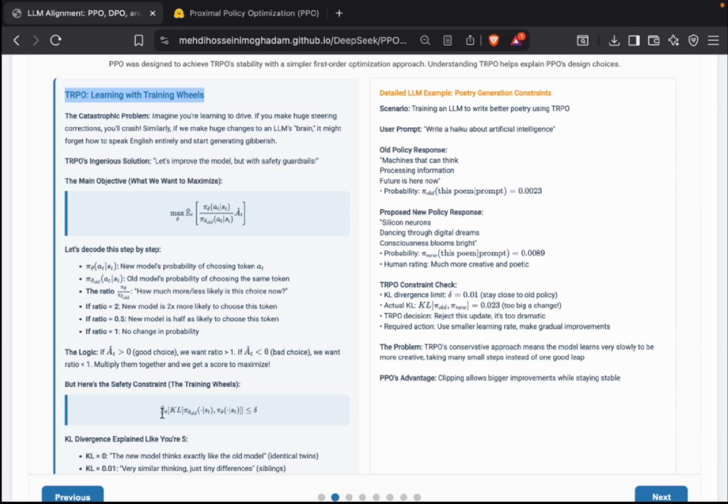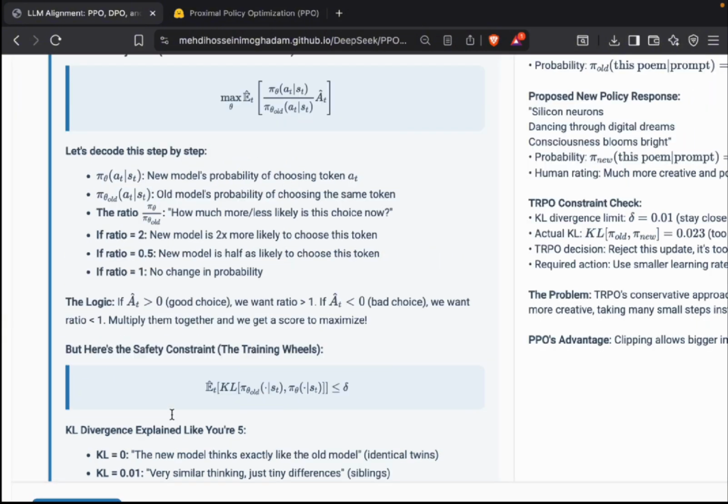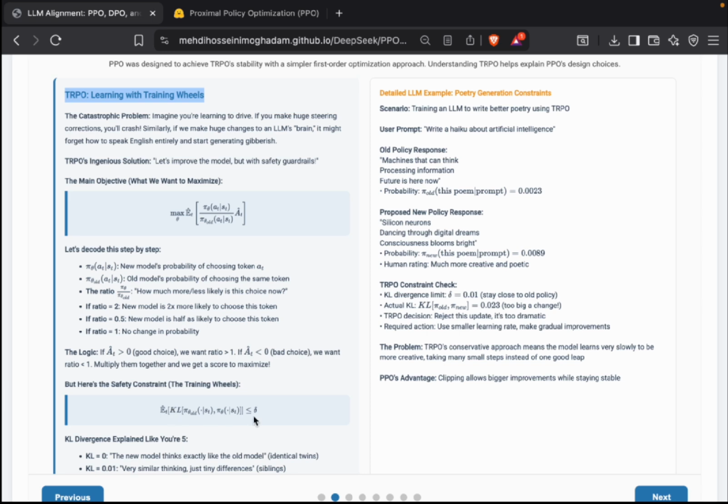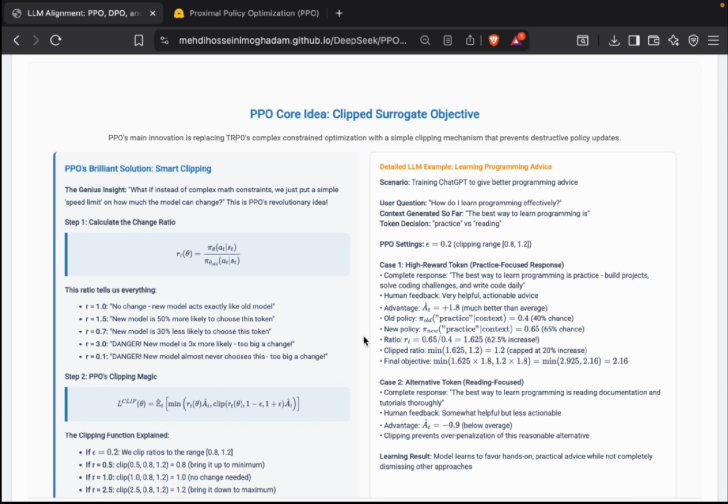Because the jump is high, the Kullback-Leibler constraint rejects that update because it's too big, but at the same time we lose that update, which was very useful. So what can I do? There is something very smart we can do, which is the core idea of PPO, Proximal Policy Optimization, which we will learn in a minute.